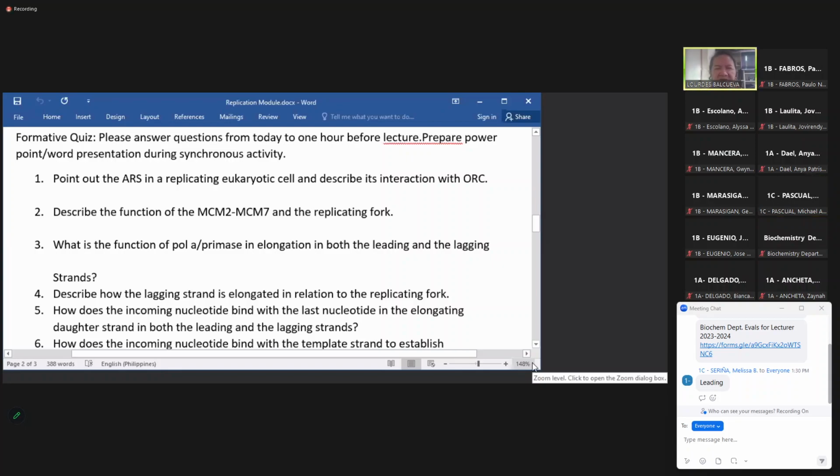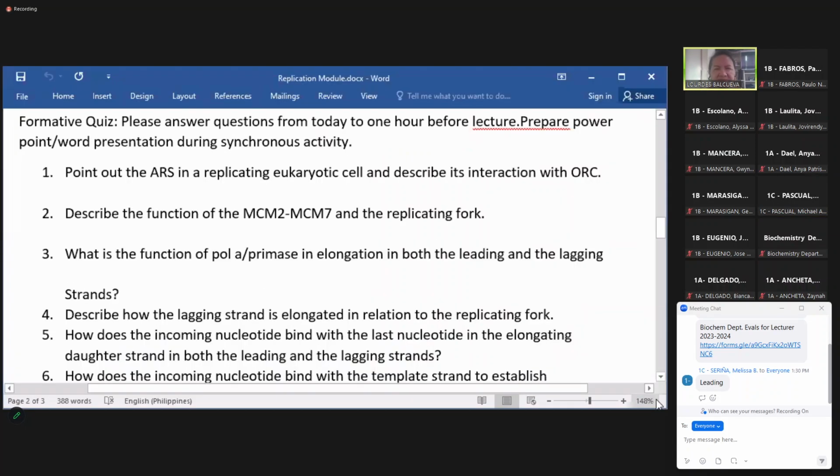What nucleotides? RNA, DNA? For the primase po, it will have ribonucleotides po. Yes, the primase. And what about the pol A? For pol A po, it will replace the ribonucleotides from the primase with deoxyribonucleotides po.